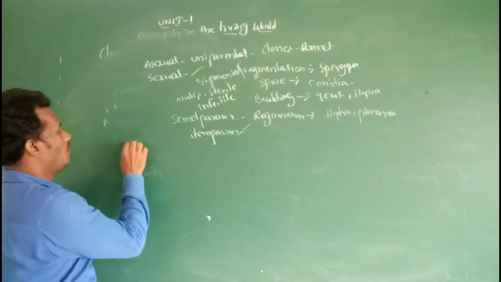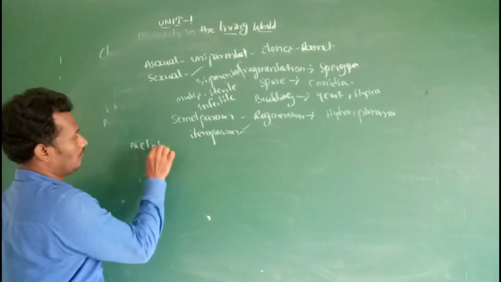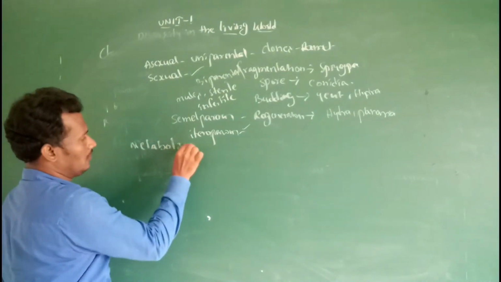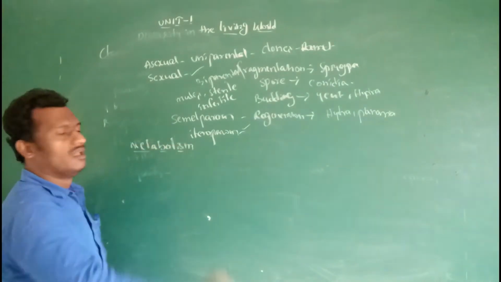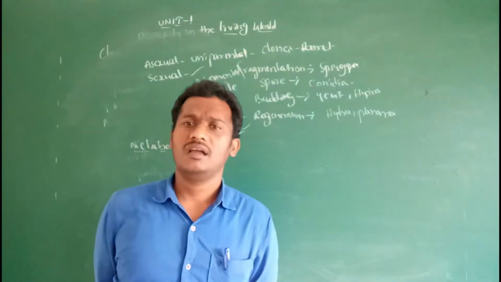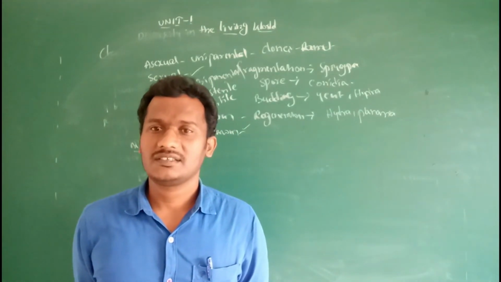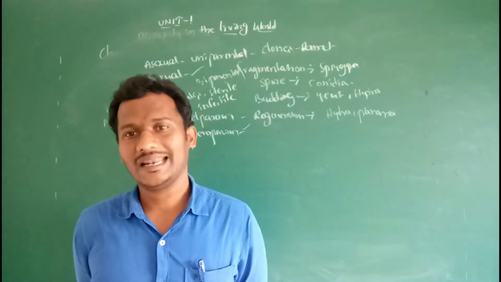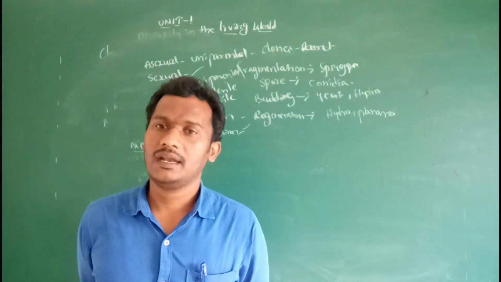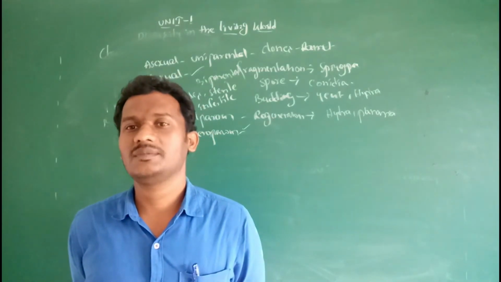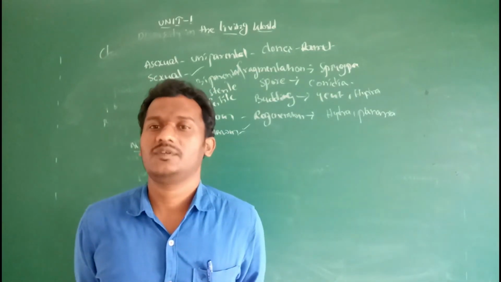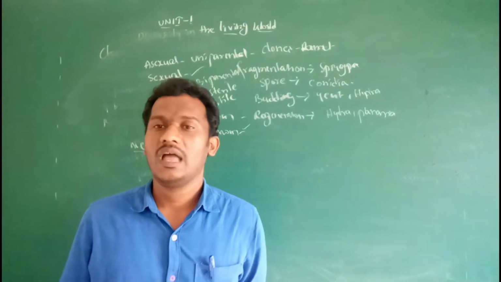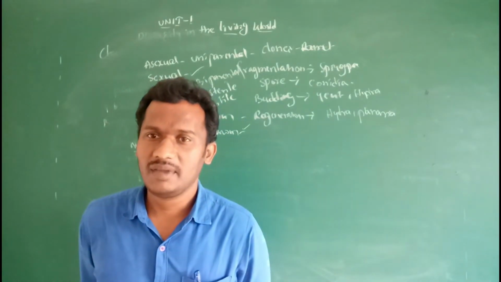Next one, metabolism. Metabolism means different types of chemical reactions that take place in the organism's body. The sum of all chemical reactions is known as metabolism. This metabolism is responsible for transforming one form of biochemicals to another form of biochemicals.